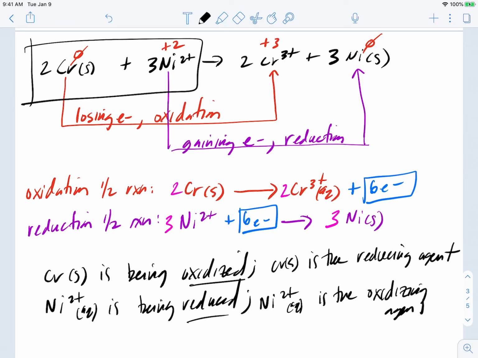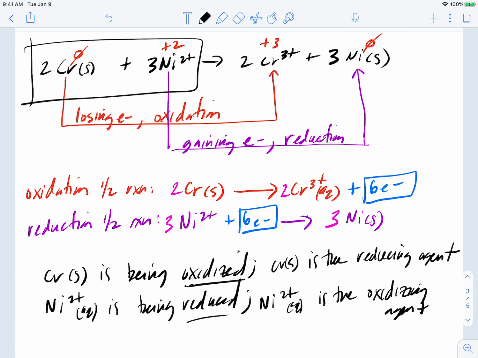The reason is that if Cr solid is being oxidized, it's allowing the nickel 2+ to be reduced. Therefore, it is a reducing agent. It is facilitating the reduction of nickel. Likewise, nickel is the oxidizing agent because it is allowing Cr solid to be oxidized by taking the electrons that are being lost by Cr solid.